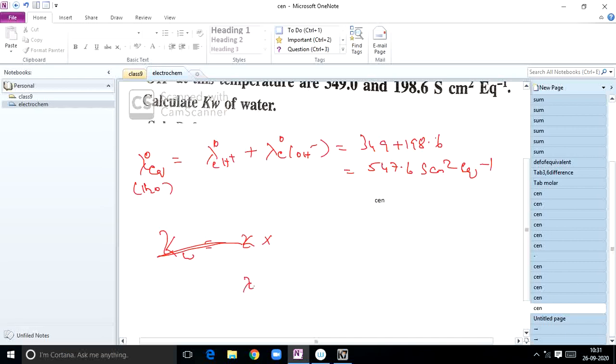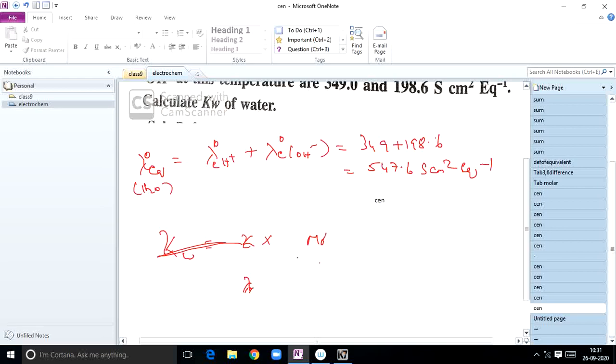See, this is the case of water molecule. Calculate the ionic product of water. Already we have calculated this one previously. Did you remember or not? We have already calculated. What is the relation between this?